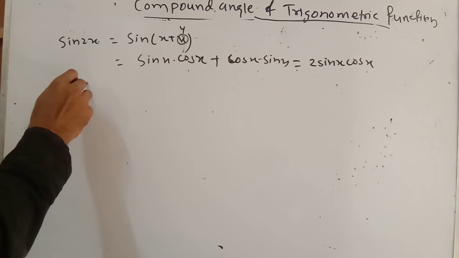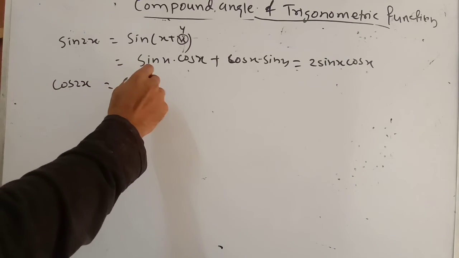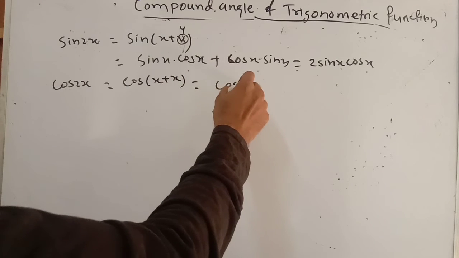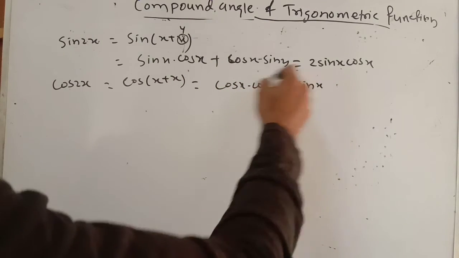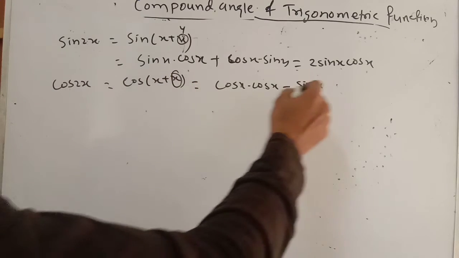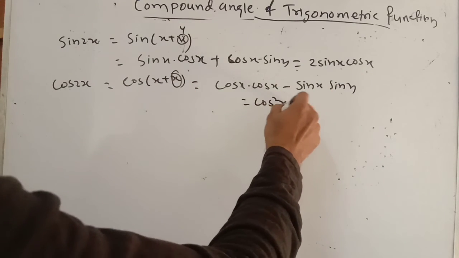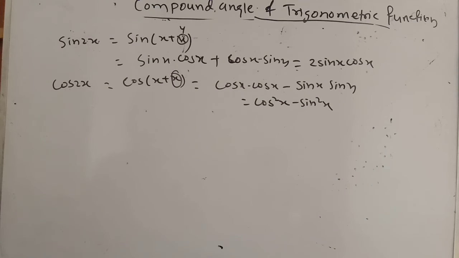Similarly you can find cos 2x. Cos 2x is cos(x plus x), so cos x cos x minus sin x sin x, which is cos square x minus sin square x. You can also write it in simple sine terms or simple cos terms.